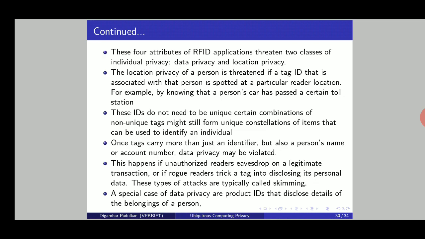This happens if unauthorized readers eavesdrop on legitimate transactions, or if a reader tricks a tag into disclosing its personal data. These types of attacks are typically called skimming. A special case of data privacy are product IDs that disclose details of the belongings of a person. Belongings of a person means account number or bank name or whatever it may be.